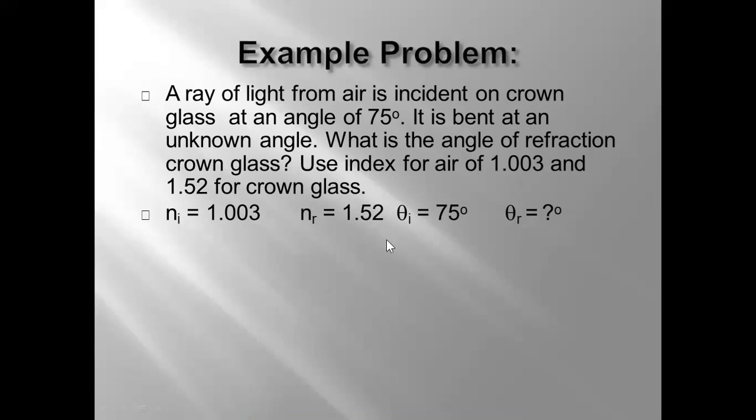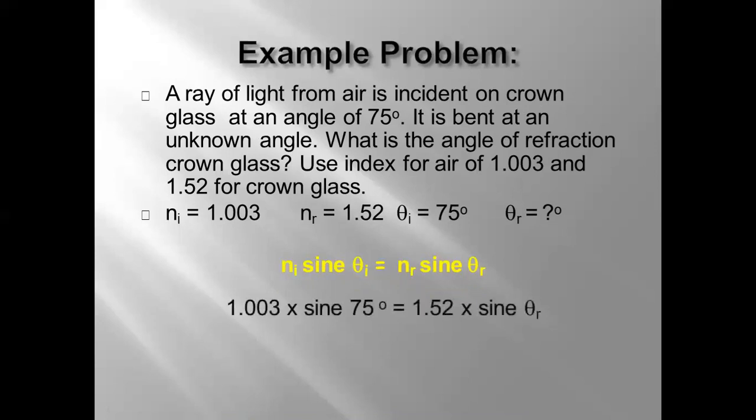Now let's use Snell's law formula: Ni sine theta I is equal to Nr sine theta R. Substituting the values gives us 1.003 multiplied with sine 75 degrees, the angle of incidence, equal to 1.52 for the value of Nr multiplied with the sine of the angle of refraction.